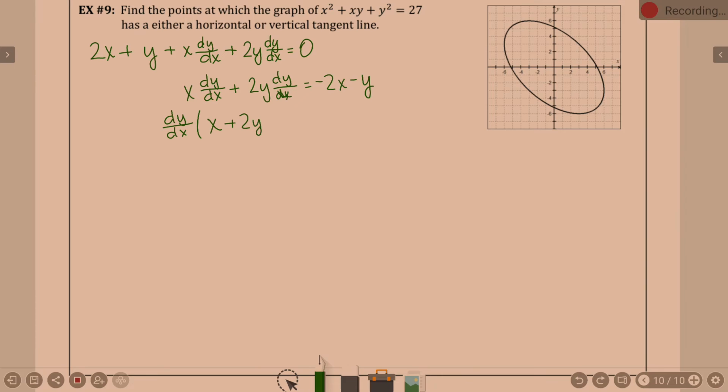I have x plus 2y in my parentheses. And so dy dx is negative 2x minus y over x plus 2y. This problem gets confusing with the 2x's and the 2y's and the x's and the y's. Okay, that is our derivative.